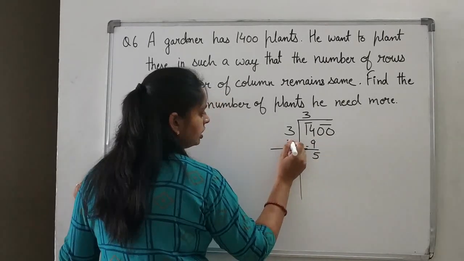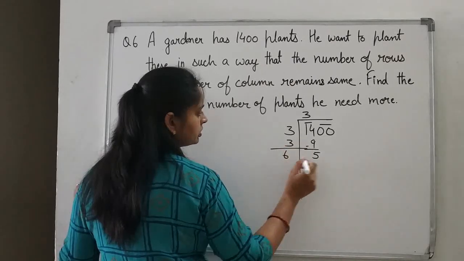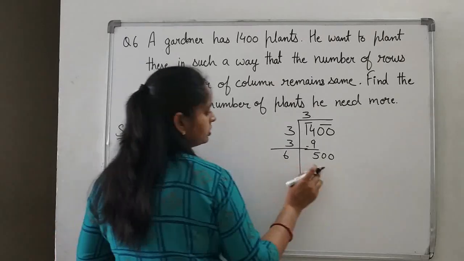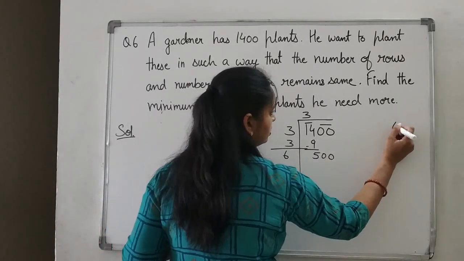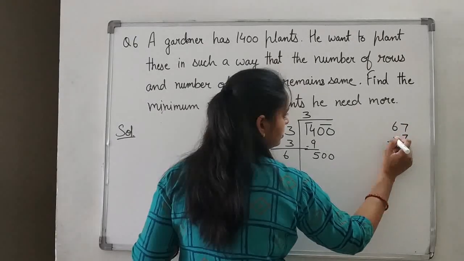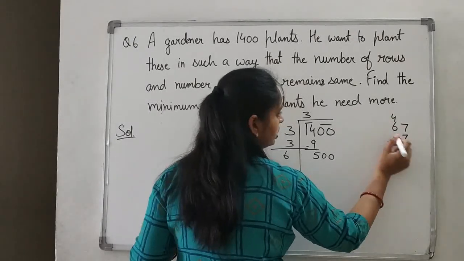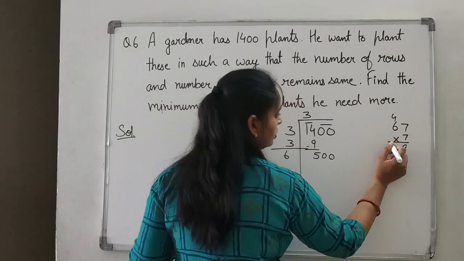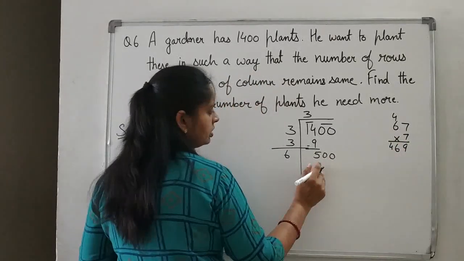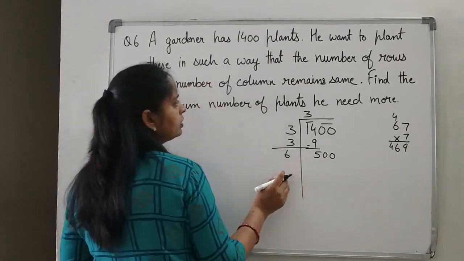And this side 3 plus 3 will give you 6 and 0 0. We can check for 67. 7 7s are 49. 67 is 42 plus 4, 46. This is nearby this. So 7 is there, but we need something extra.